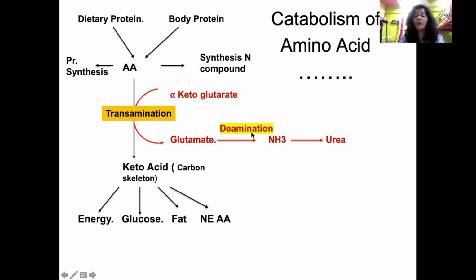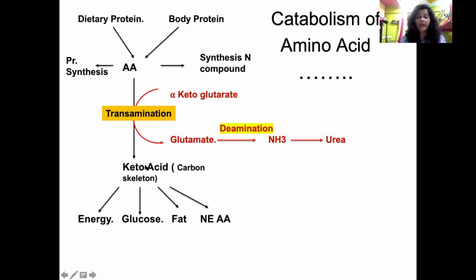Deamination means removal of free ammonia, and as this free ammonia is toxic, it will be detoxified to form urea in the liver, and this urea is excreted in the urine. So this is the catabolic part of the amino acid.